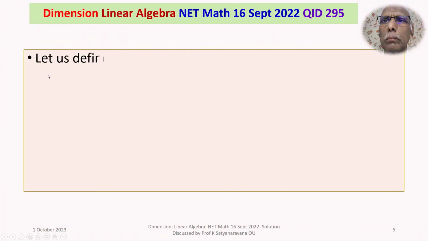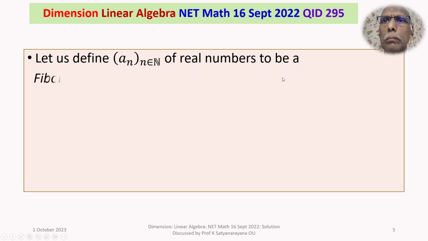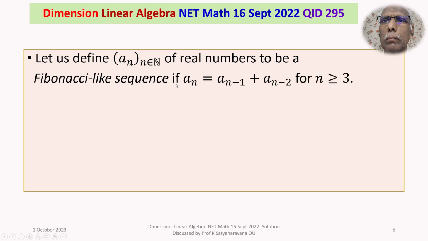The given problem is, let us define the sequence a_n, n belongs to N, of real numbers to be a Fibonacci-like sequence if a_n is equal to a_{n-1} plus a_{n-2} for n greater than or equal to 3.